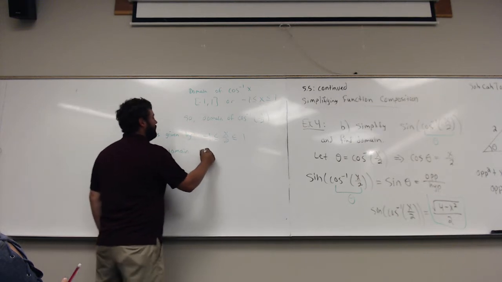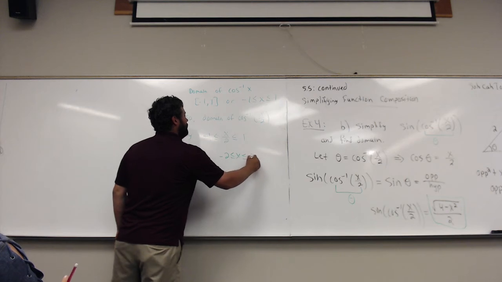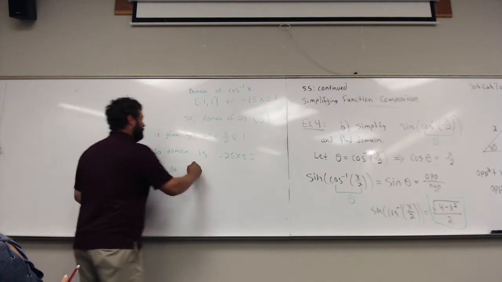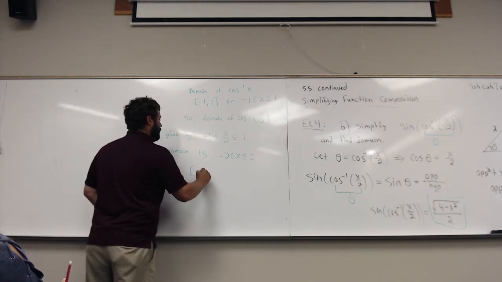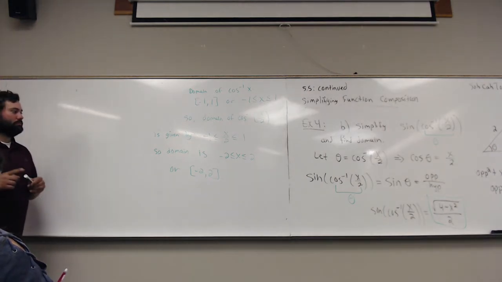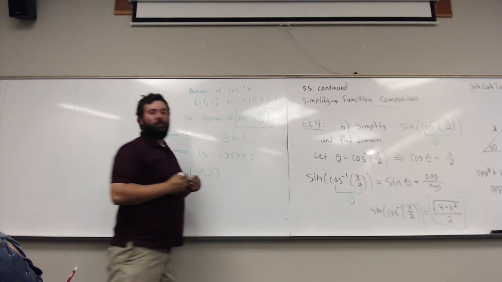So the domain is going to be, I guess, the interval -2 to 2. You can write it this way as well. Now that's just the domain of the inside function. That was just the domain of the cosine inverse.